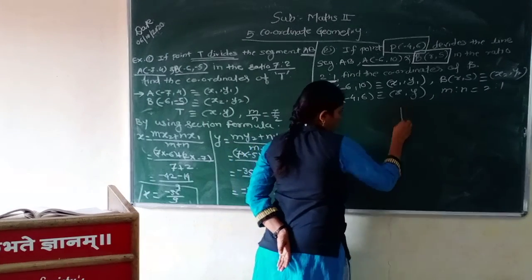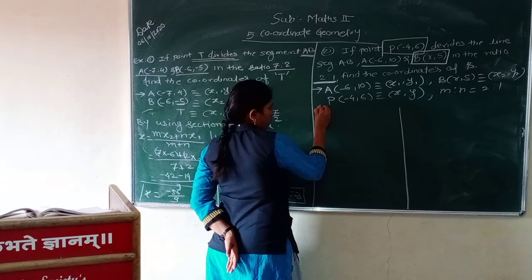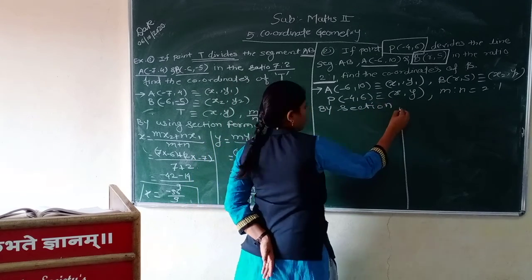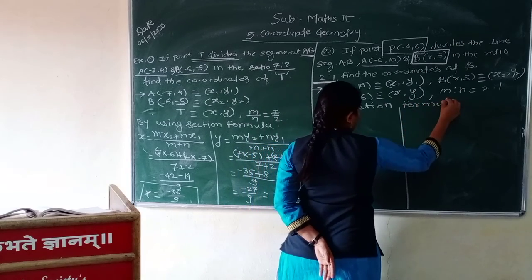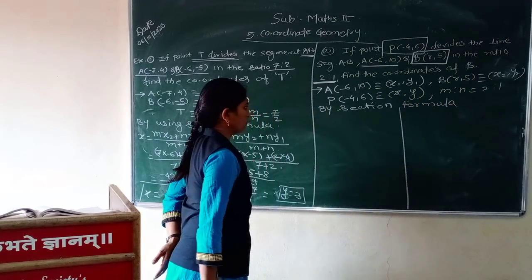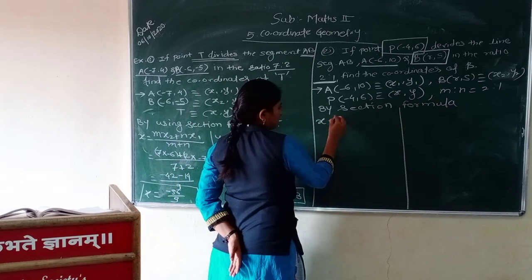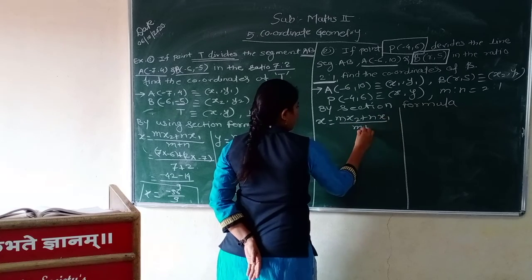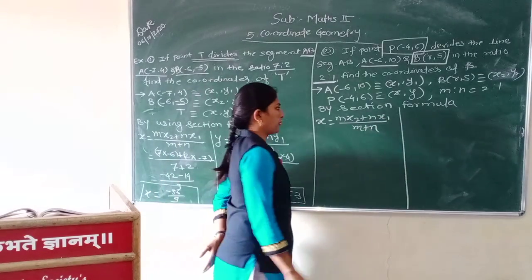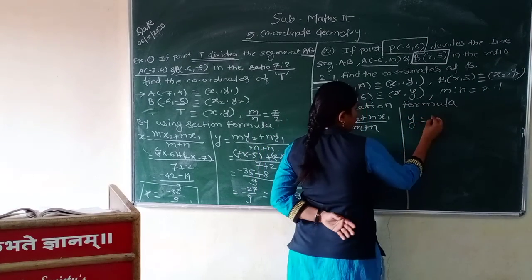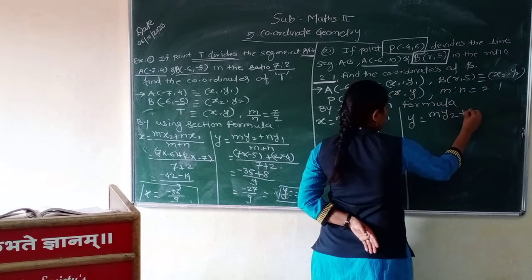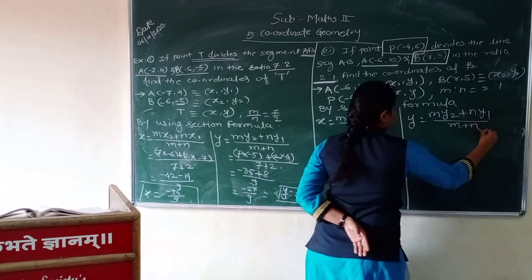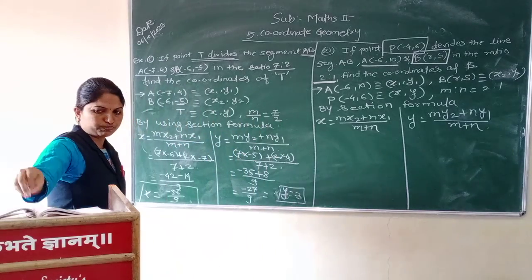Again make two parts right here by the section formula. By the section formula, x is (mx2 + nx1) upon (m + n), y equals (my2 + ny1) upon (m + n), and put the values.